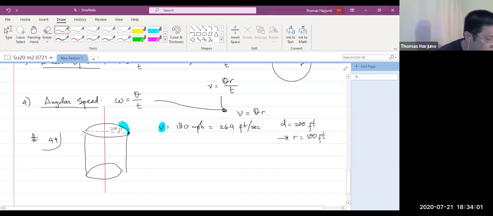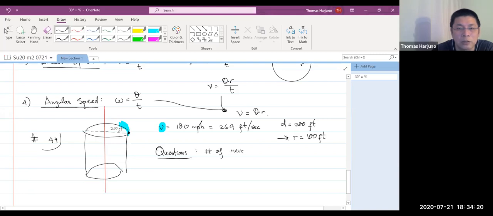Now approximate the number of revolutions the core makes every minute. So the question is, find the number of revolutions per minute.